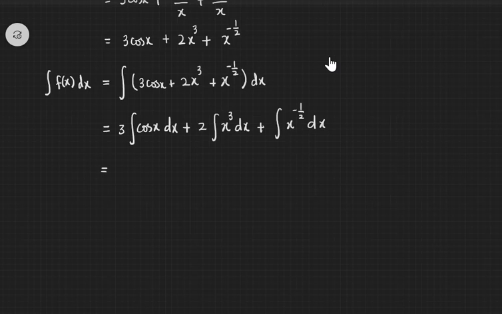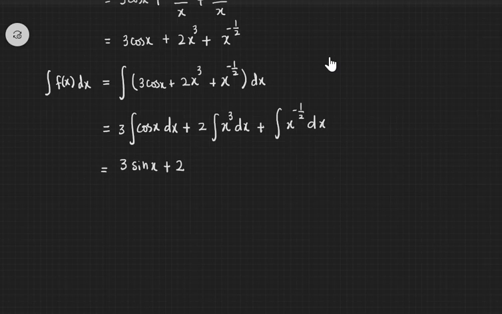Okay, now the integration of cos of x is sine of x. This should be sine of x, and this should be plus 2 x power 3.